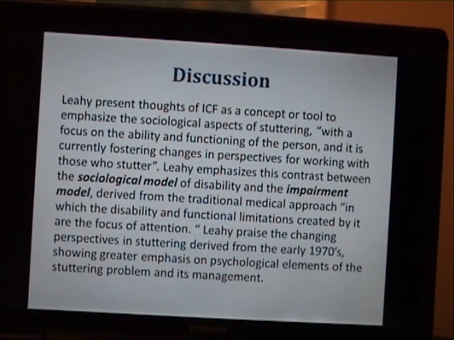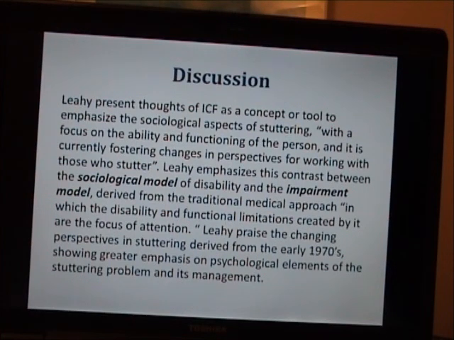Lee emphasizes this contrast between the sociological model of disability and the impairment model derived from the traditional medical approach, in which the disability and functional limitations created by it are the focus of attention.